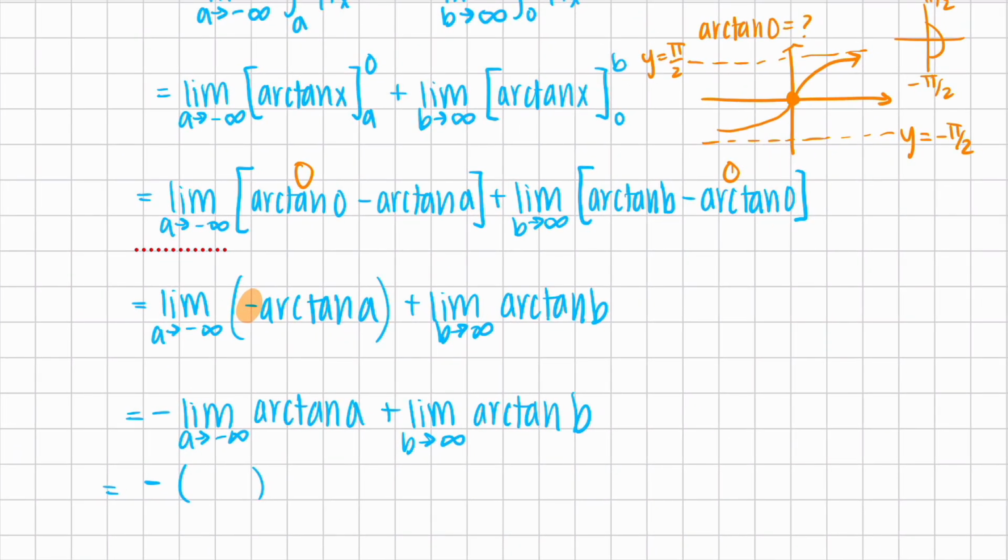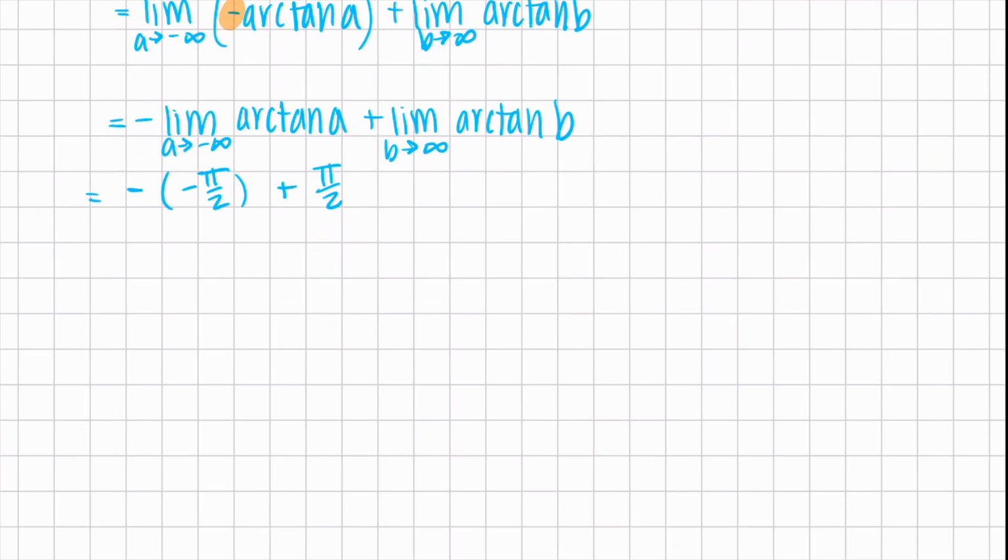And we're actually going to use our graph of arctangent. So for the first one, I want to know the limit as a goes to negative infinity of arctangent of a. So as we go to negative infinity, arctangent approaches negative pi over 2. So my first limit is negative pi over 2. As we go to infinity, arctangent goes toward positive pi over 2. So we're going to have that positive pi over 2.